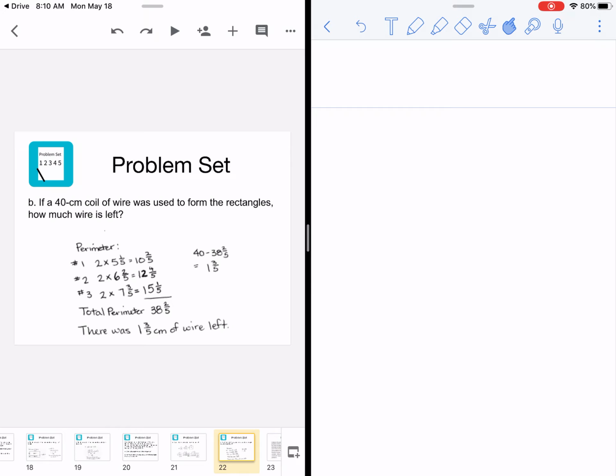Remember, perimeter is all the way around, just the edges. So 1 and 3/5 centimeters of wire left, because you take 40 centimeters and minus that 38 and 2/5. A lot of math today, everyone.